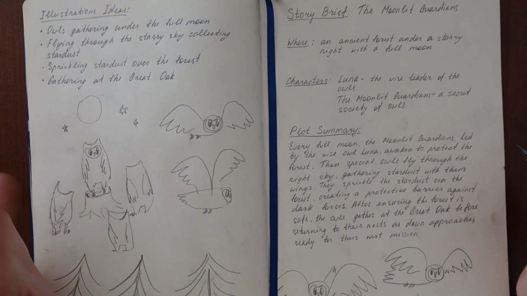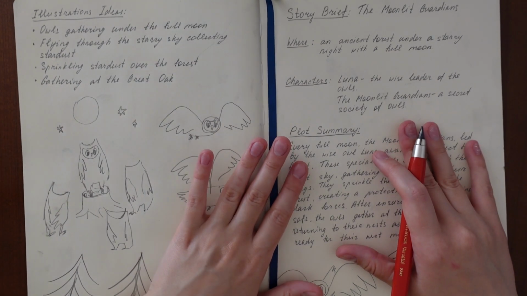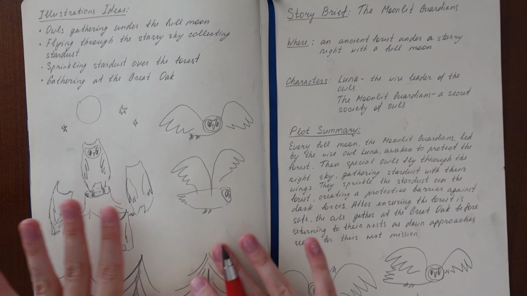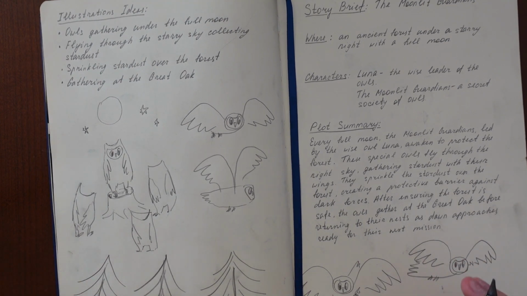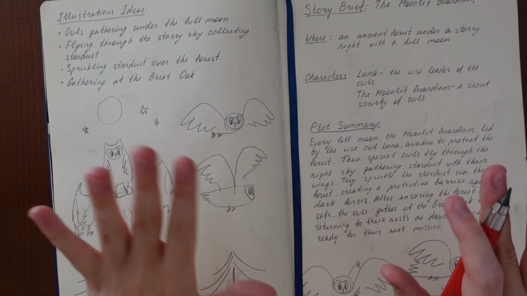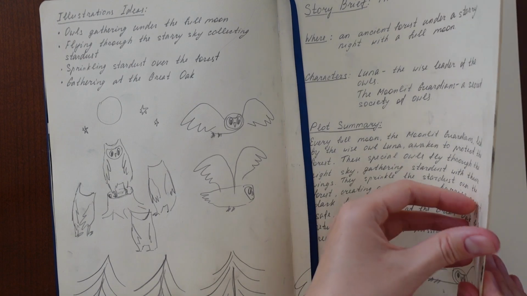Okay, now I have a brief in my sketchbook and very rough sketches. Then I'm gonna move to the creating storyboards, and firstly it would be very rough storyboard. So let's create.